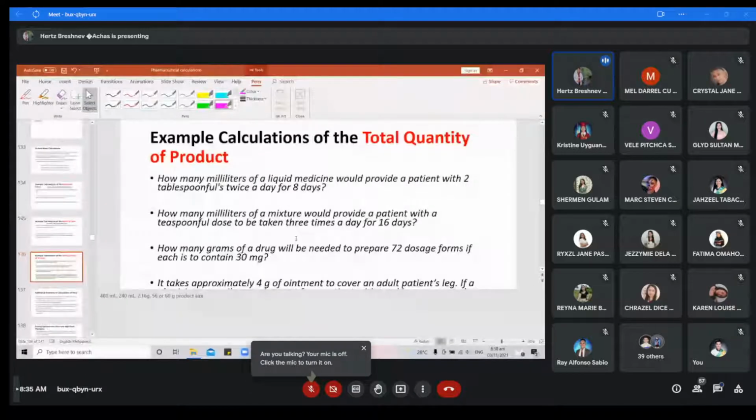Okay. So, the last part of the general calculation of doses.